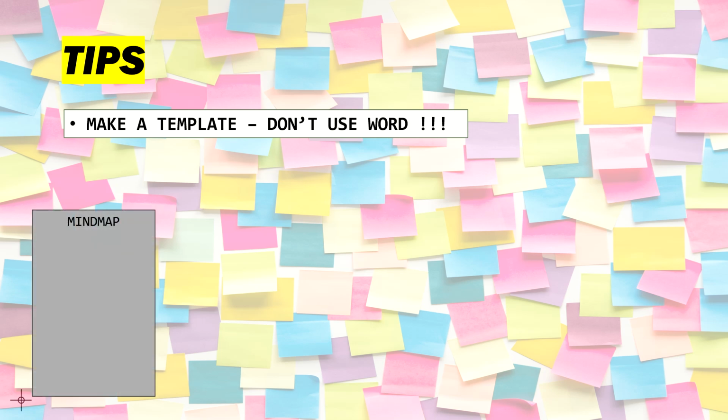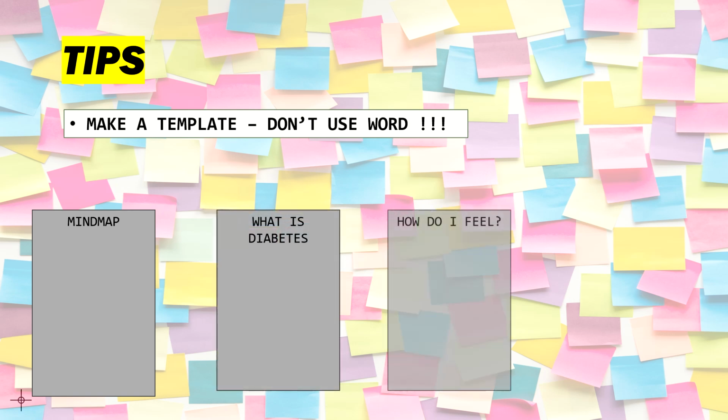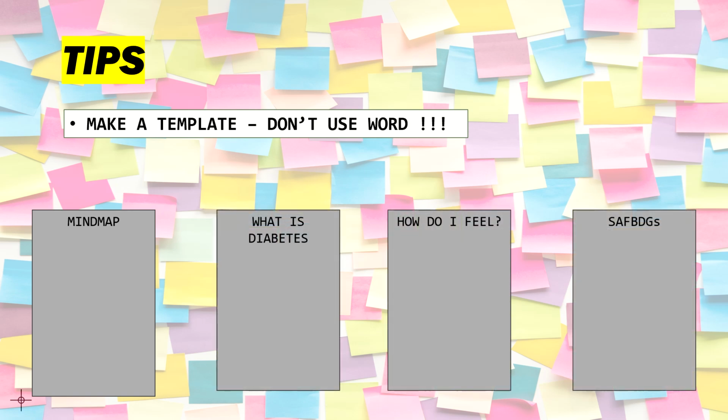For example, the first page I've got mind map, what is diabetes, how do I feel, and the South African food-based dietary guidelines. So I know on each page what information needs to be added to it. I don't use any fancy templates because it might complicate things.